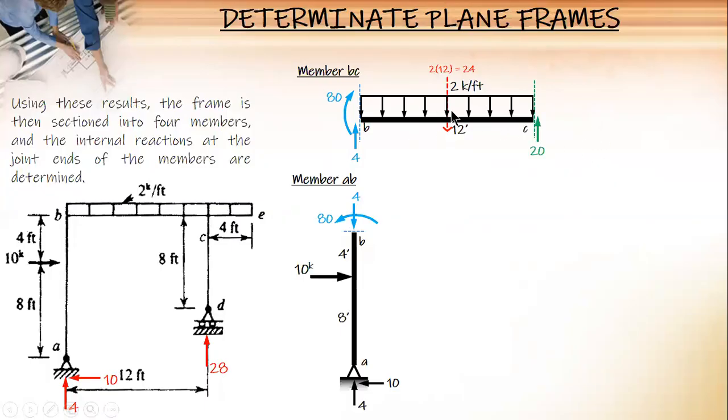And then moment na yun. 24 times 6, that's 144 counterclockwise. 4 times 12, 48 plus 80, 128 against 144.